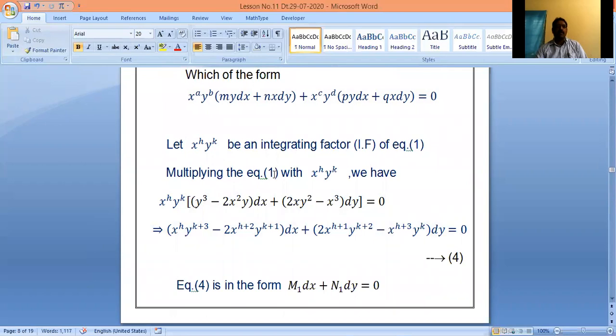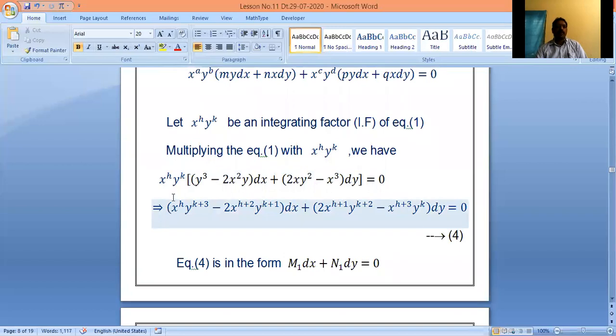Multiplying equation 1 with x^h y^k, we have x^h y^k (y³ − 2x²y) dx + (2xy² − x³) dy = 0.